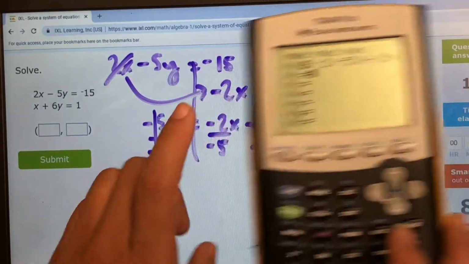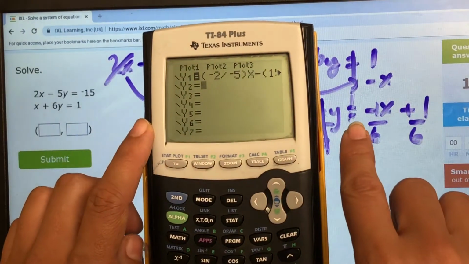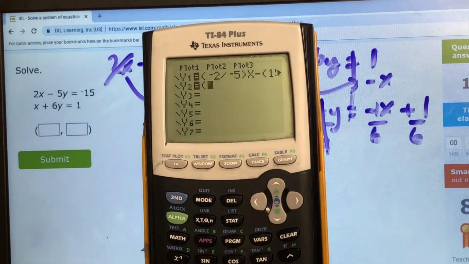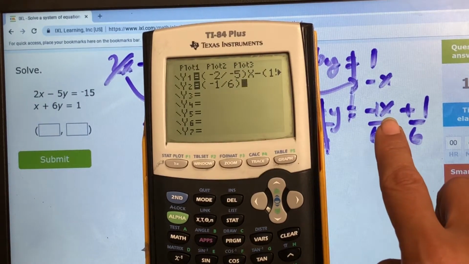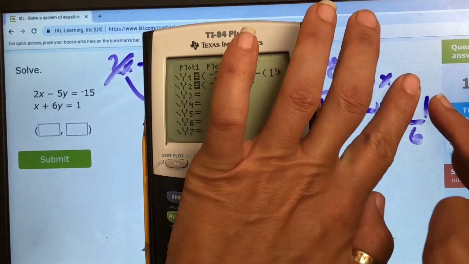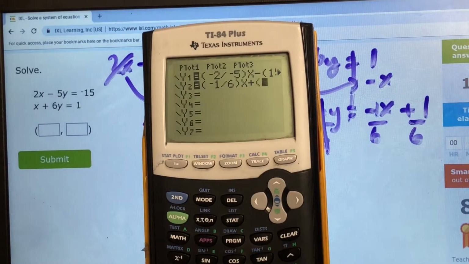That's my first one. Putting in my second one, y equals, parentheses, because I have a fraction, negative 1 divided by 6, close the parentheses, then x, plus, and then a fraction of 1 over 6, so parentheses, 1 divided by 6, close.